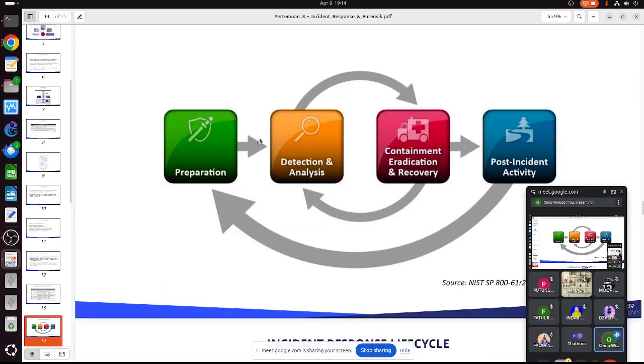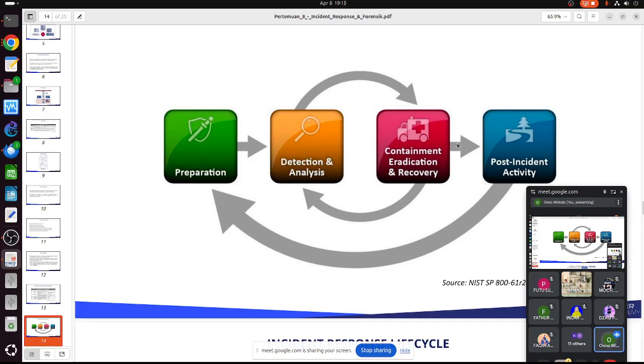This is the incident response life cycle. Basically, we have detection, analysis, containment, and recovery. So the inner circle will cycle all the time. And then if there is an incident, we have post-incident activities, and then we have planning and so on to prepare for another detection and analysis.